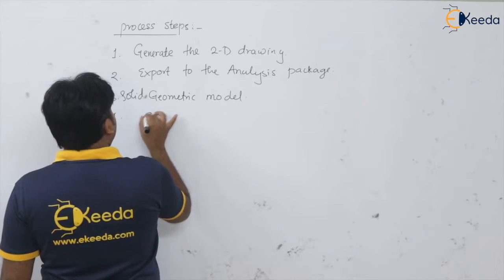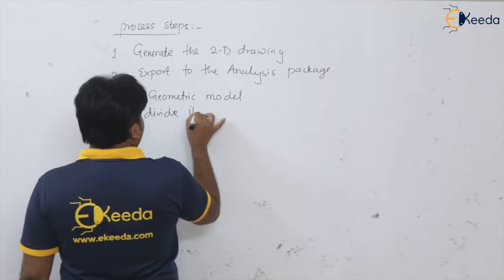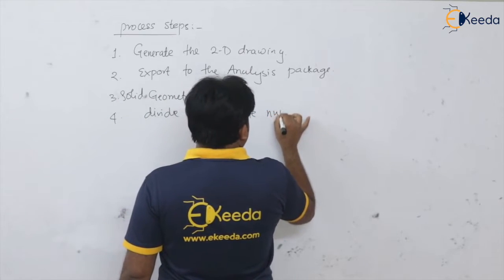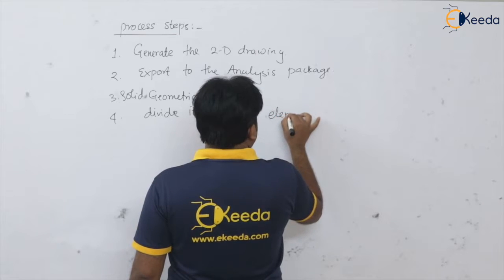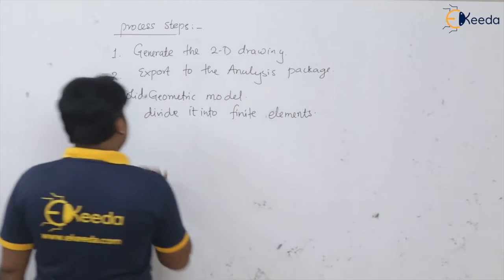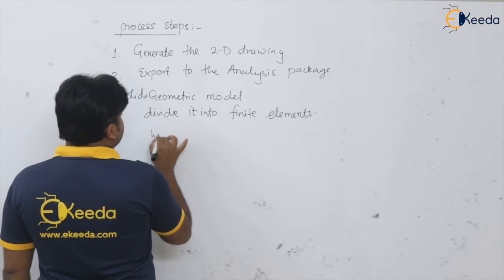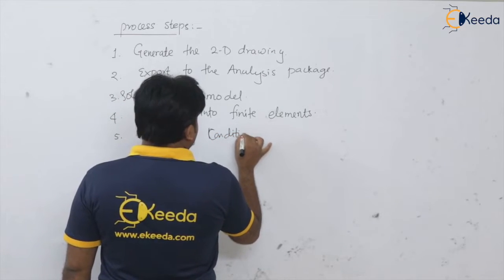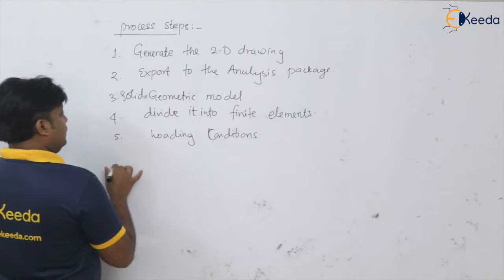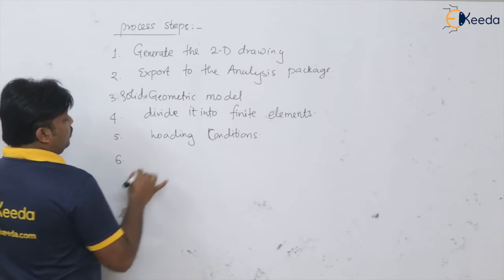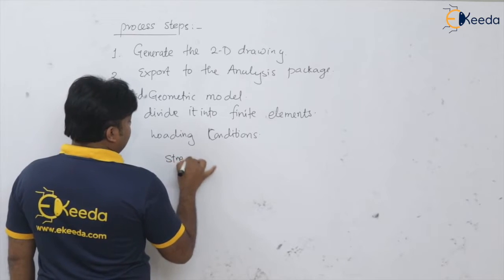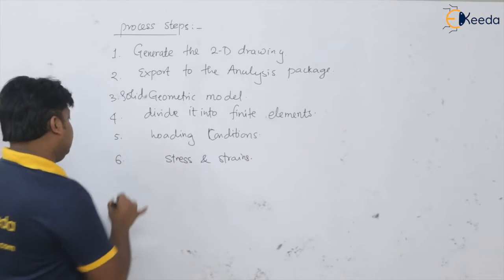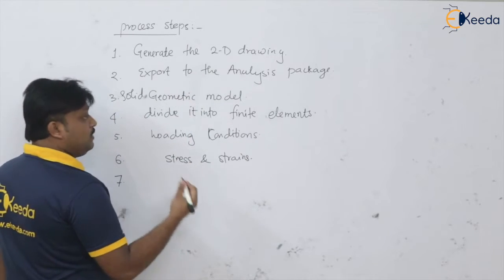Solid geometric model. Then what are we going to do? Then you are going to divide it into finite numbers, finite elements, say, isn't it? After that, go for applying the loading conditions. And after applying loading conditions, you are going to get the stresses and strains, isn't it? Now once you get the stresses and strains, we have the input as allowable stress and strain.